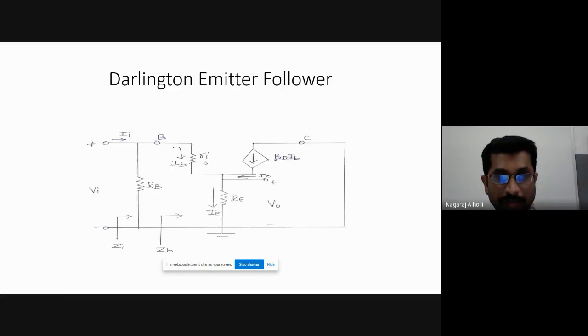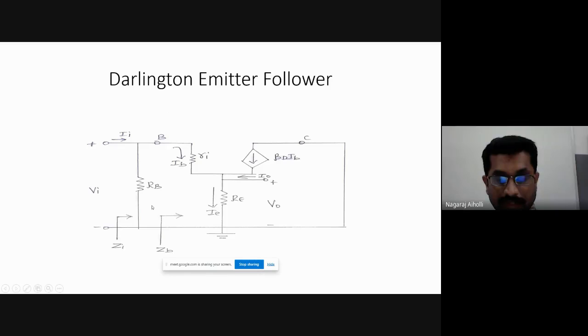Therefore, we replace that re or beta re by Ri for the Darlington emitter follower. This is the only change. The rest of the AC equivalent circuit remains the same as that of the basic emitter follower circuit.